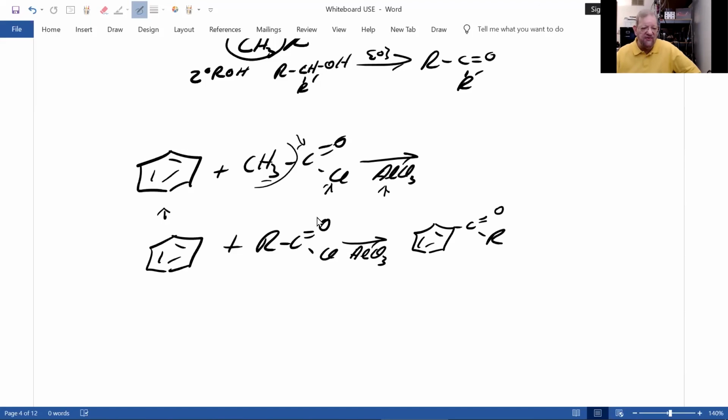In this case, what's our methyl? And I make this carbonyl bond to carbon-carbon single bond to the benzene ring. My R group is still there, and I make this aromatic ketone. And that's Friedel-Crafts acylation.